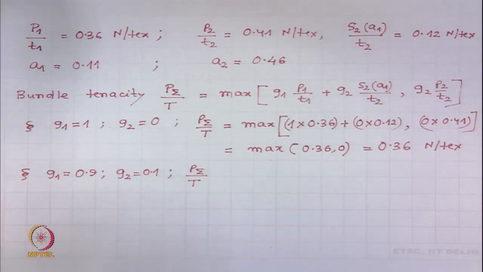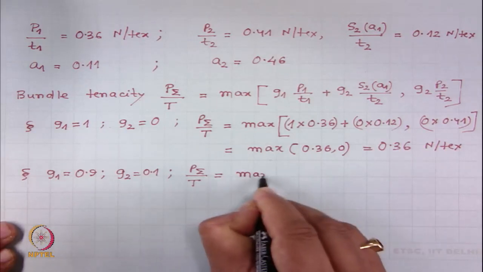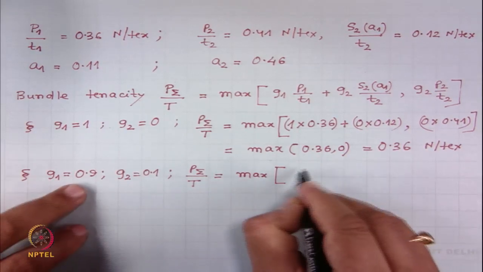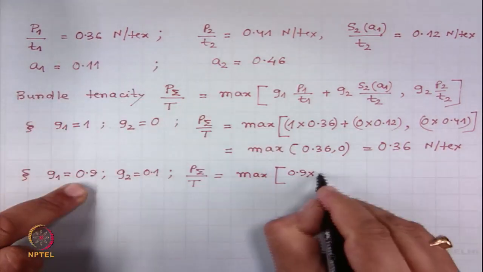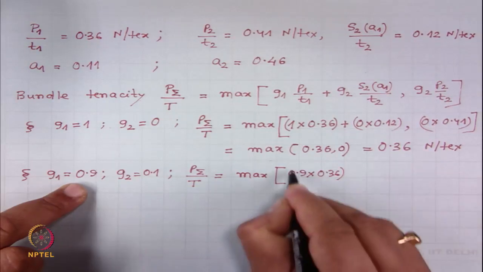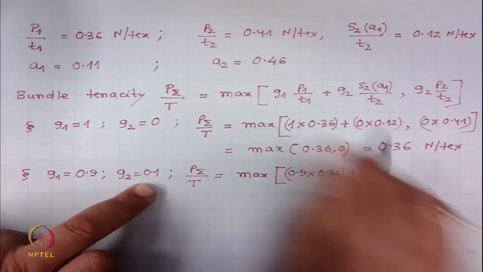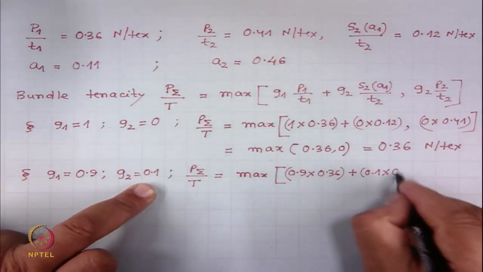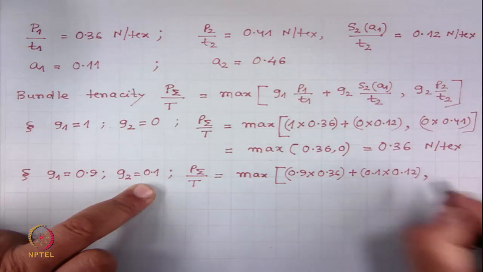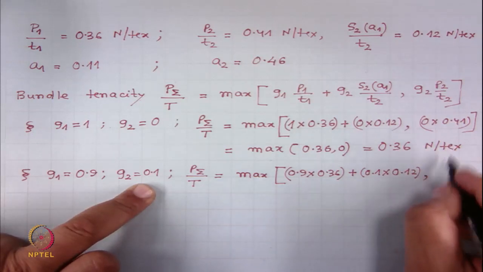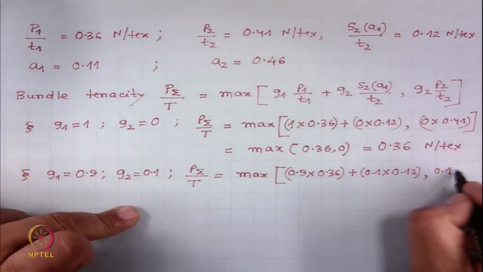We use the same formula, the maximum of G1 is 0.9 into P1 by T1 is 0.36 plus 0.1 into 0.12, comma, the second value 0.1 into 0.41.